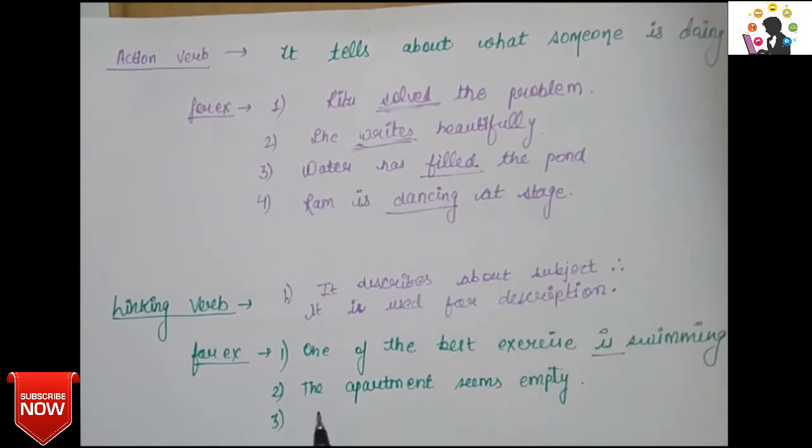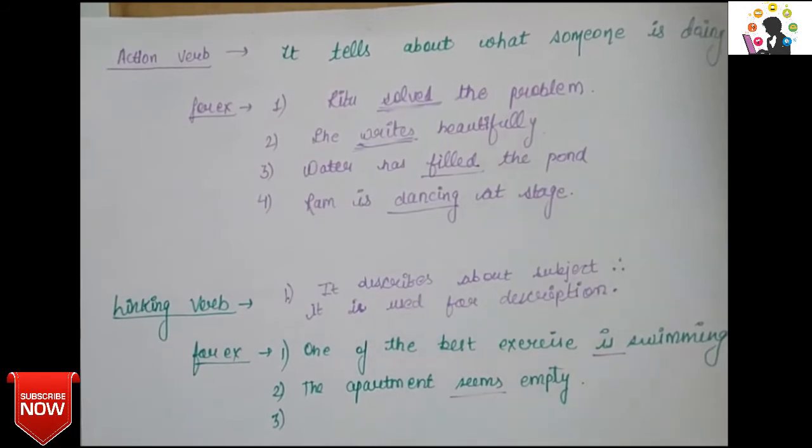In the second sentence, "The apartment seems empty," seems is the linking verb. Why? Because it describes the apartment, what the apartment is: it is empty. So we can easily identify it.